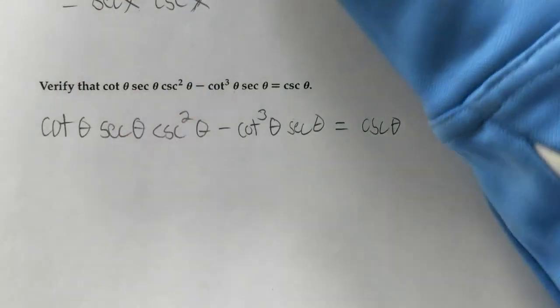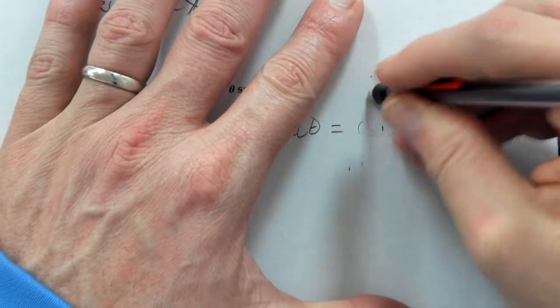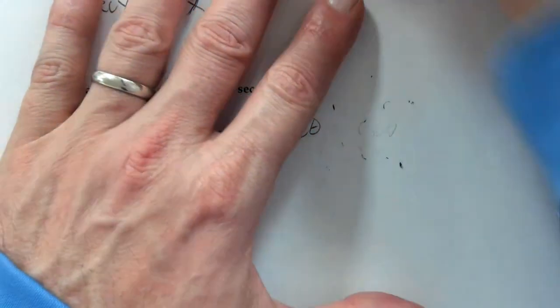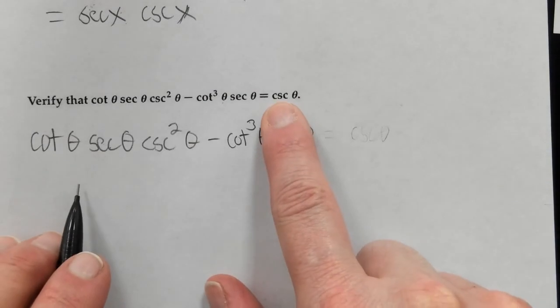All right, so I need to see if I can come up with some kind of way that I can show this. I need to turn this into just this somehow.